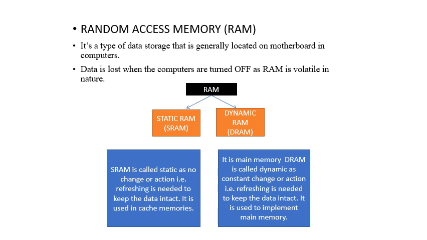So you understood the difference between the two. Static, the name itself tells that no changes can be made in this type of memory, whereas in dynamic RAM we can manipulate to a certain extent. We can make a few changes, or constant changes, in that particular RAM, or actions also can take place in that RAM, that is dynamic RAM.